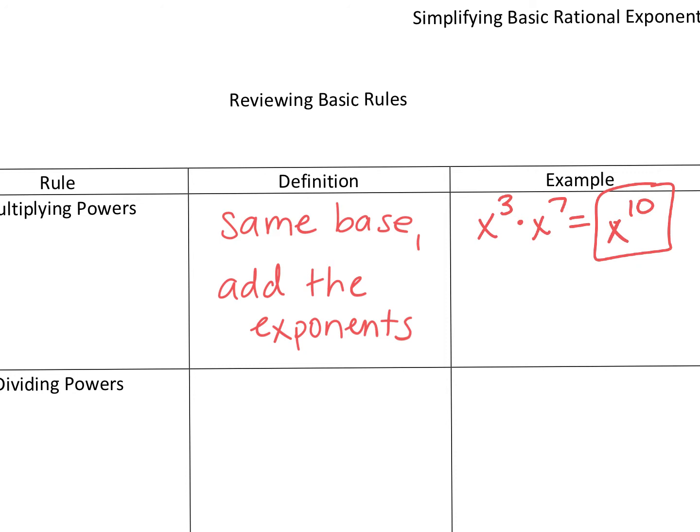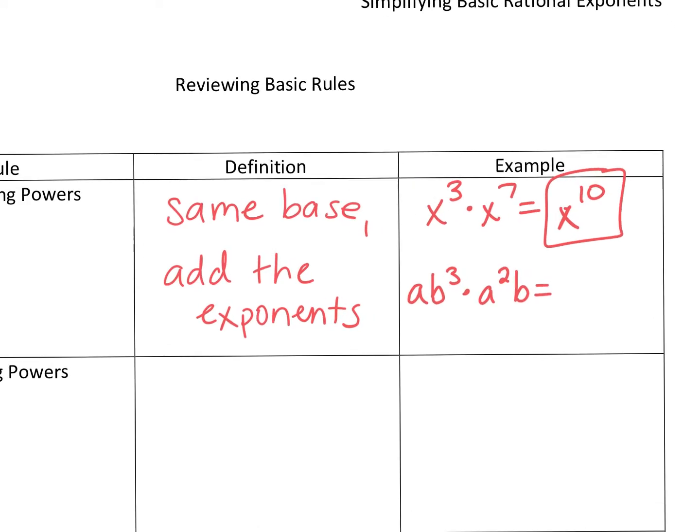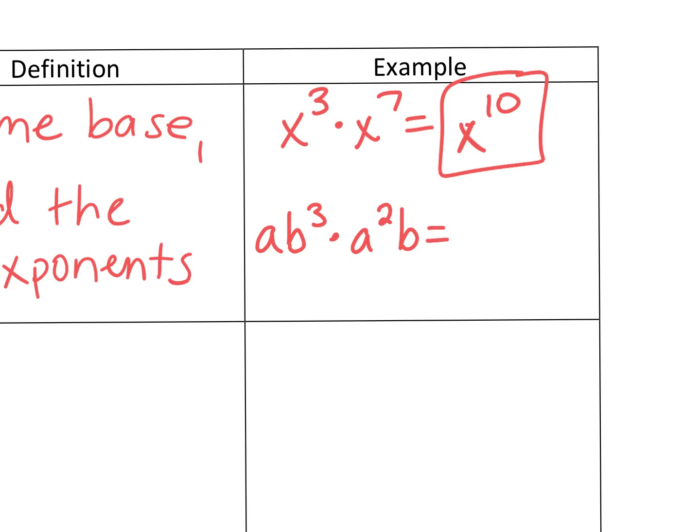Okay, what if I had a b to the third times a squared b? Okay, we can do this. Looks to me like we have two separate bases, right? Two different variables here. So we start with the first one we see, which is a. We add the exponents across, so this would be a to the... What's the exponent on this first a?